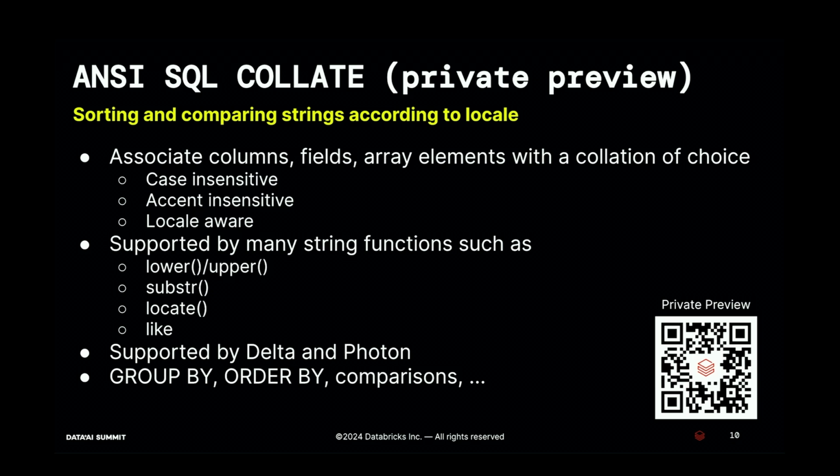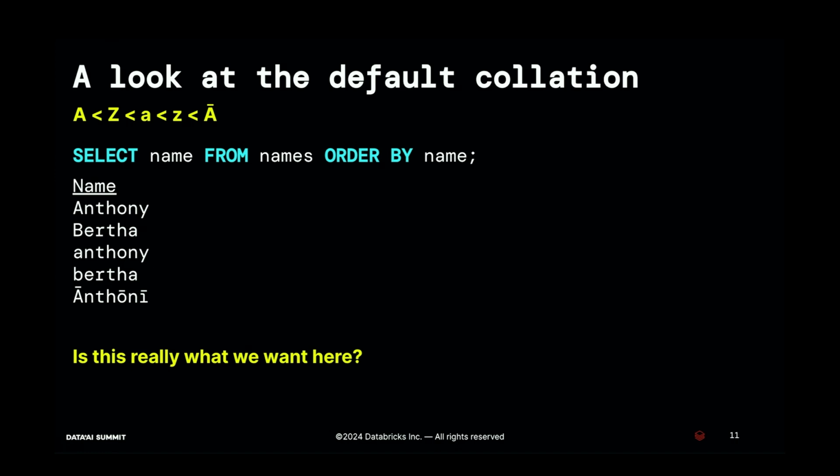So let's go through an example here. Let's first start with the default collation. This is what you see today. If today you do a SELECT of name FROM some table ORDER BY name, in this case I have some guys named Anthony, and I have a couple of Berthas.